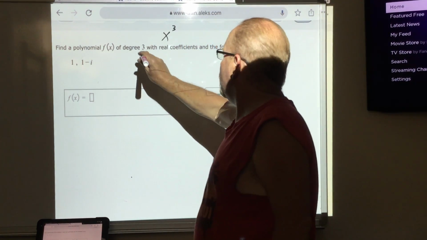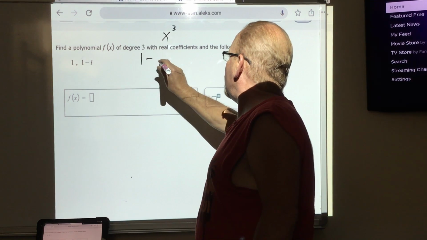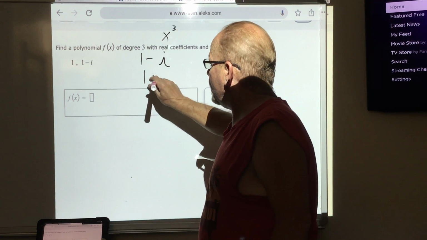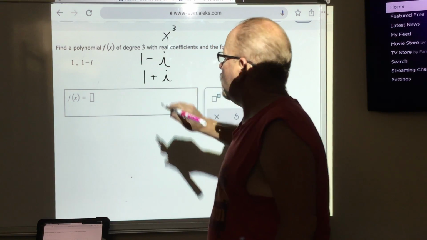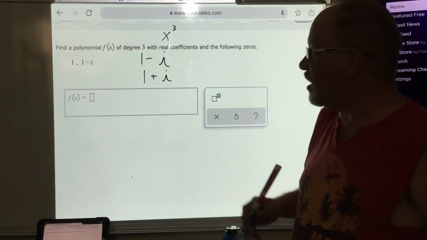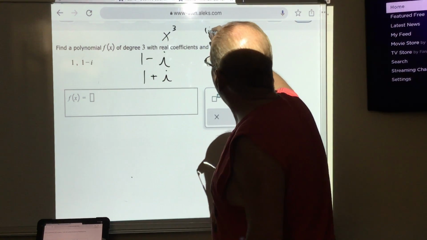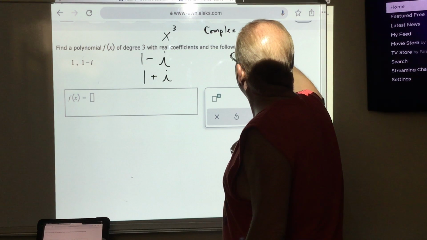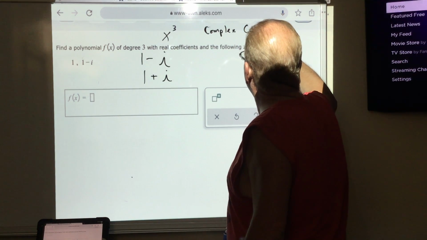Whenever you have an imaginary zero, you also have its conjugate zero. These are called complex conjugate pairs.